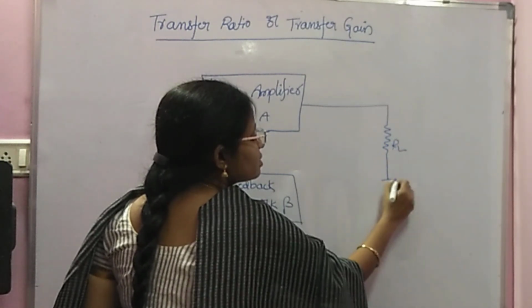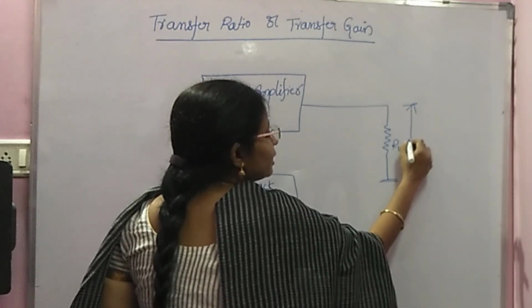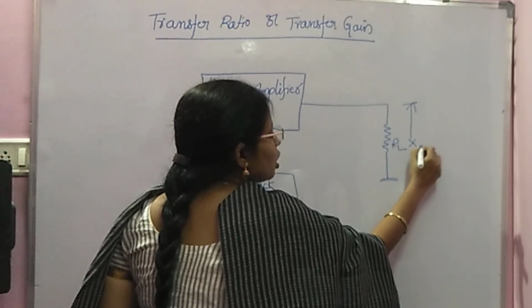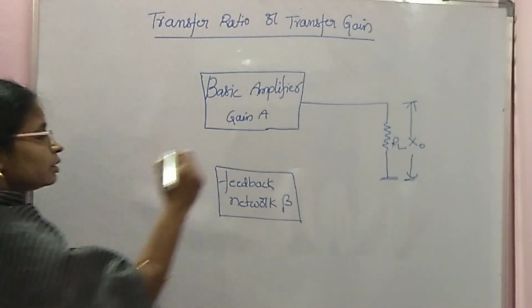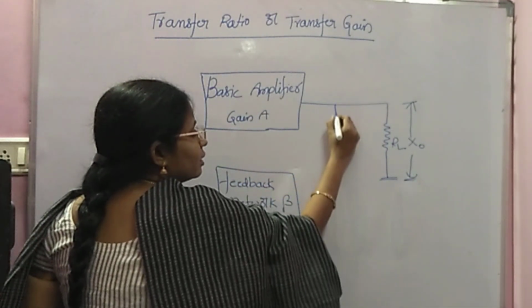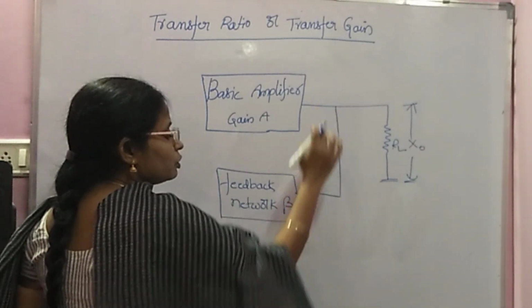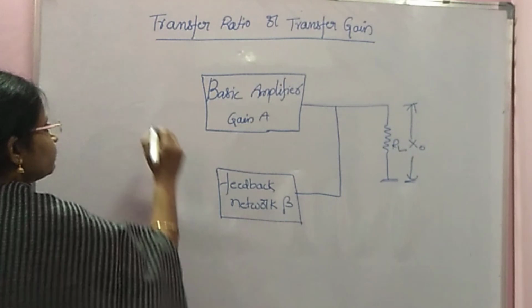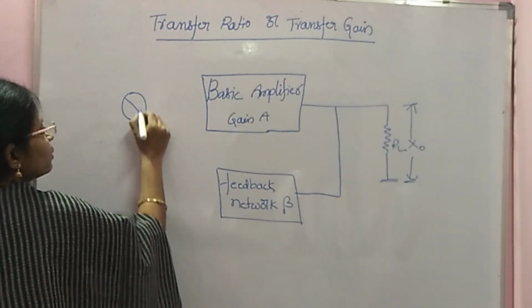this is the load resistor across which we are going to collect our output. Let the output be X naught. We are connecting a part of the output to the feedback network, and here you have a mixer network.